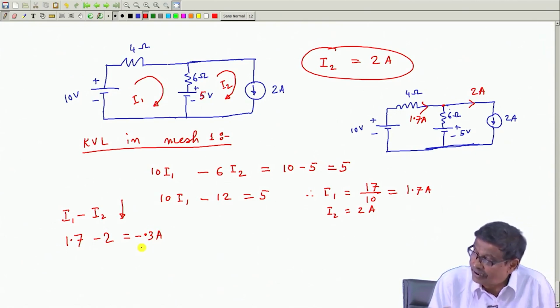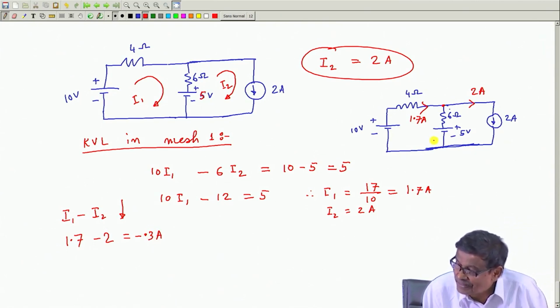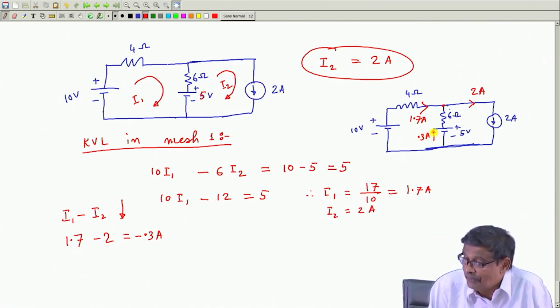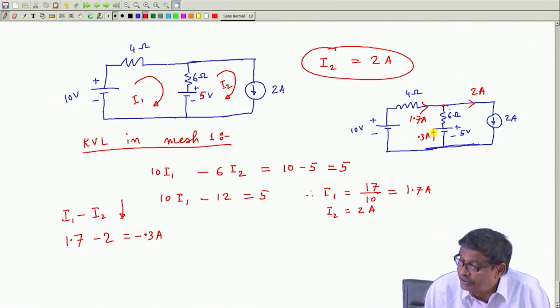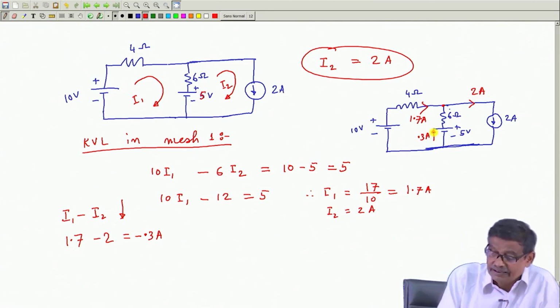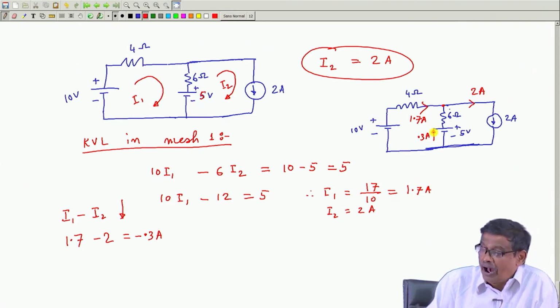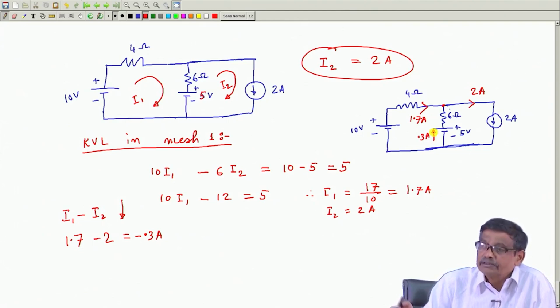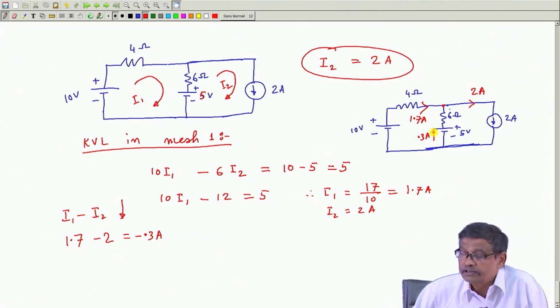That means, actual current is flowing from bottom to top, 0.3 ampere. Yes, it should be 1.7 plus 0.3 is 2 ampere. See, in the network, ultimately I am interested to know what are the branch currents flowing in various parts. Got the point?